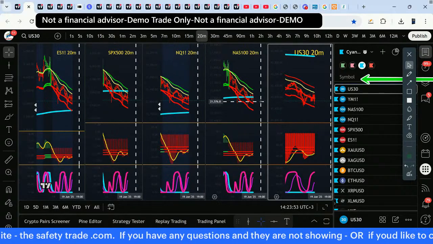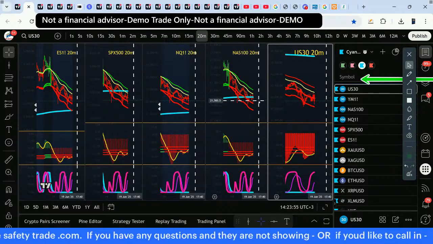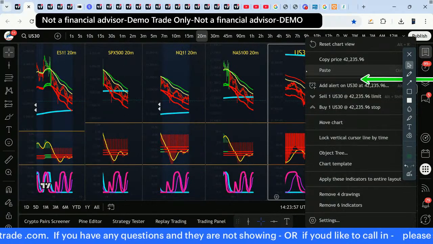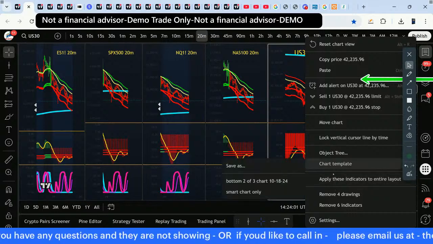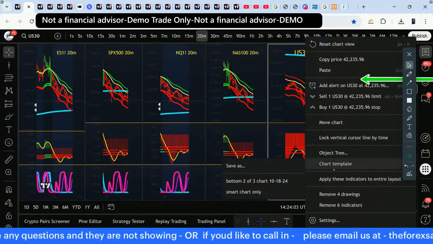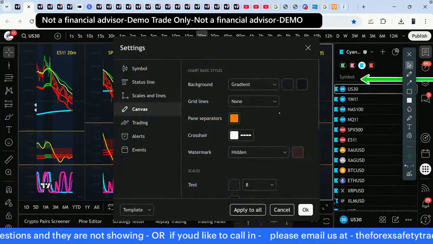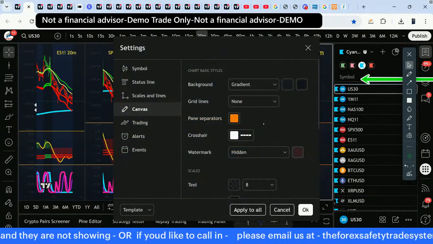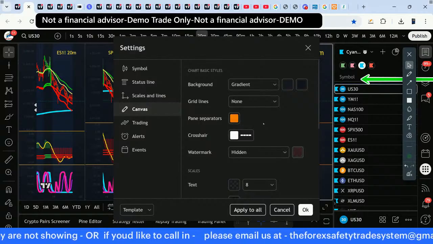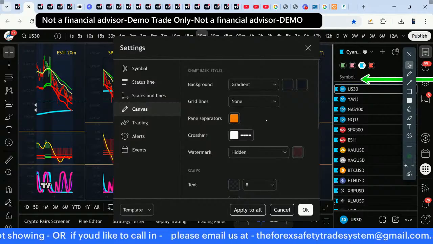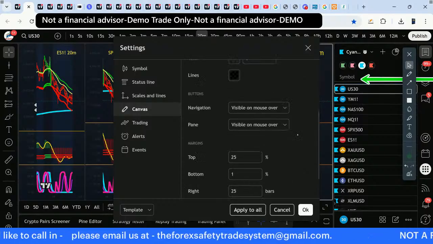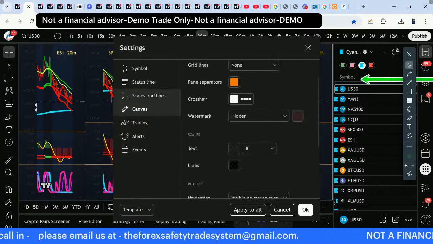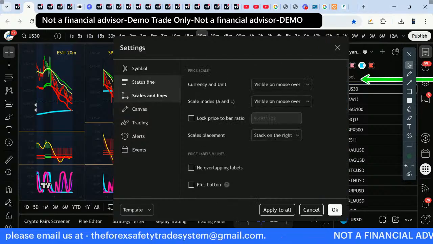Question for you guys. How do I get this green red dash line to change colors, or does TradingView not have a way to do that? You can change your crosshair. We don't want grid lines, no. Text lines. Canvas scales. Status.